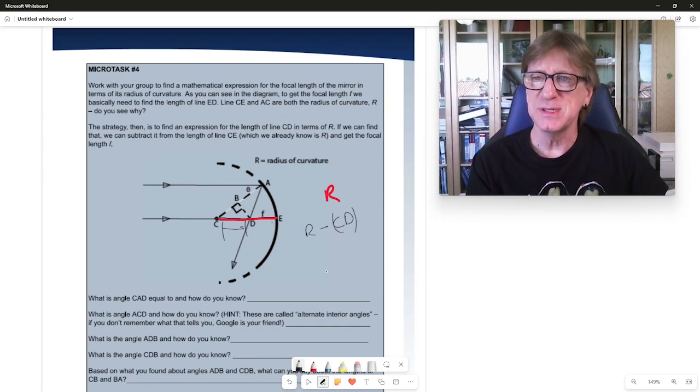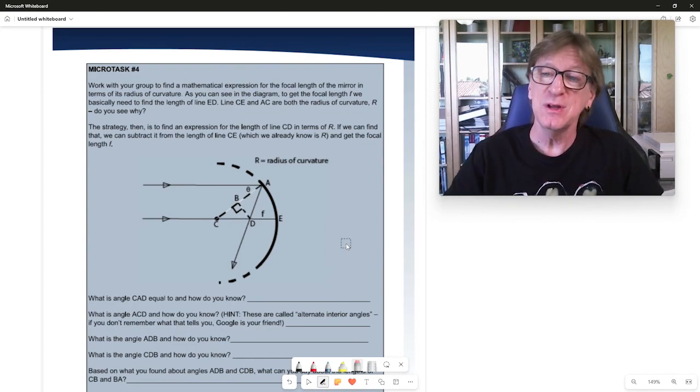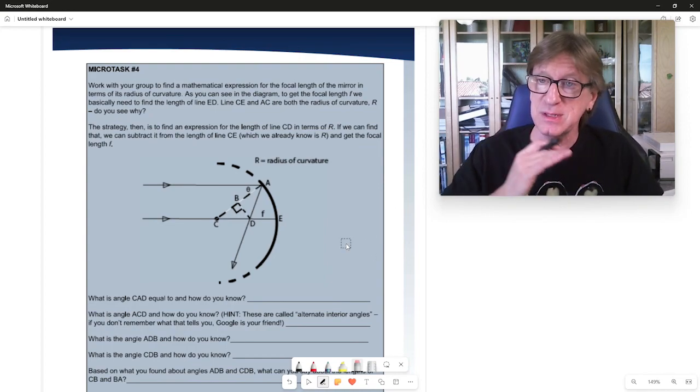So not C times D, minus the length of that line, CD. So do you see that if I can find this, and you see I've got a number of right triangles that I could use to work with that, then I can get the focal length. So that's going to be our plan. That's going to be our approach to doing this. And the microtask walks you through it. If you want a challenge, pause the video and see if you can do it, because it literally takes you through each step.